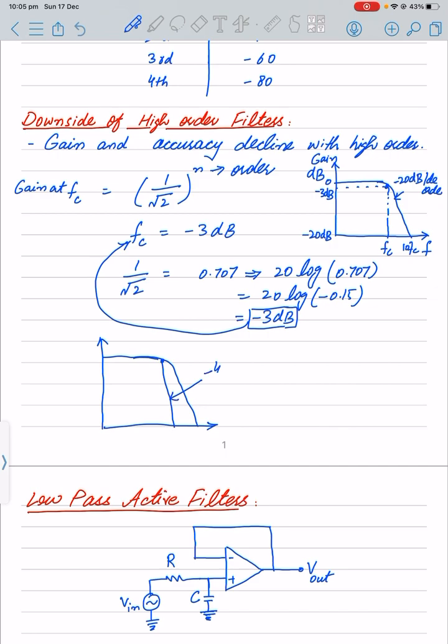So we will be getting around negative 40 dB for the second order, and this was the original one at the FC, where we were having around negative 20 dB per decade for the first order filter.